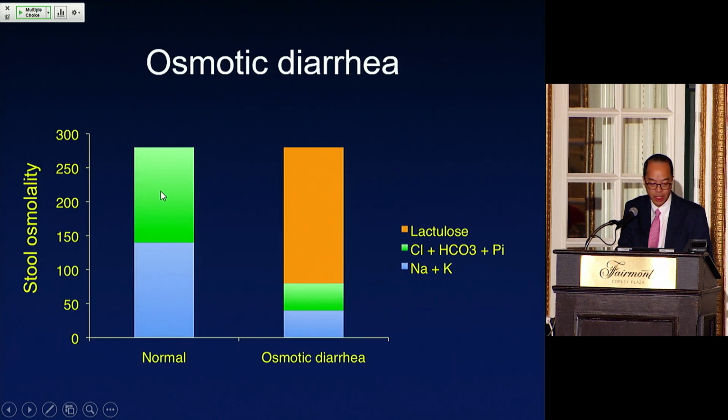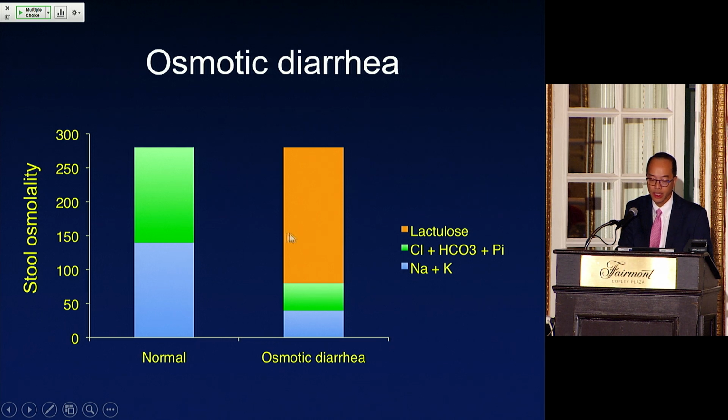And that's shown here. So stool contents equilibrate across the colonic wall with the plasma so that they are essentially isoosmotic. So stools are always isosmotic. Under normal circumstances, that's due to mostly sodium, potassium, and accompanying anions.